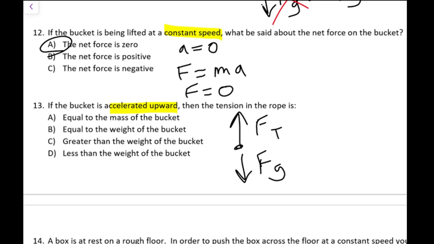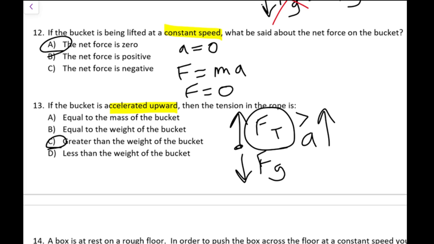And if it has a positive acceleration upward, then that means that the tension force has to be greater than the weight force, because that would imply that the tension's pulling more than gravity is pulling on it. And that's why it is accelerating upward. So here we have that the tension is greater than the weight, which is why it's accelerating upward. The forces don't cancel out like they did in number 11.